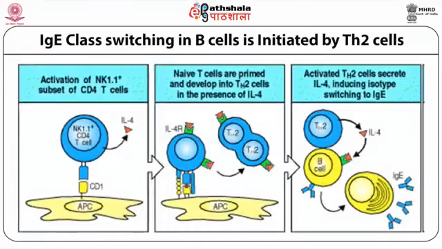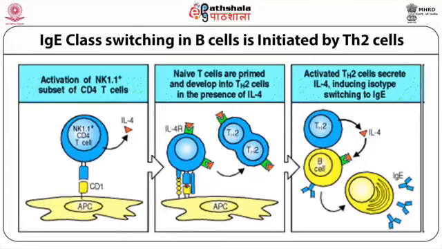Let us look at the IgE class switching in B cells, which is initiated by Th2 cells. This slide shows, in the first panel, in the first step, activation of NK 1.1 positive subset of CD4 T cells.